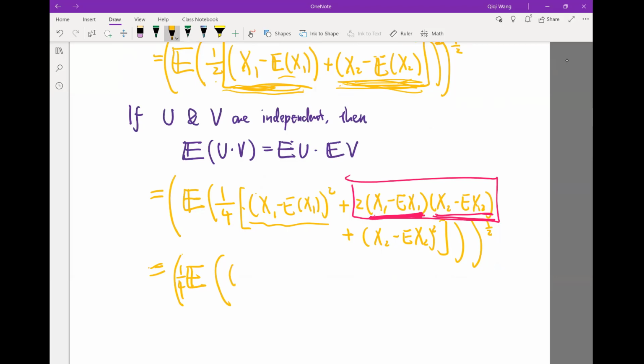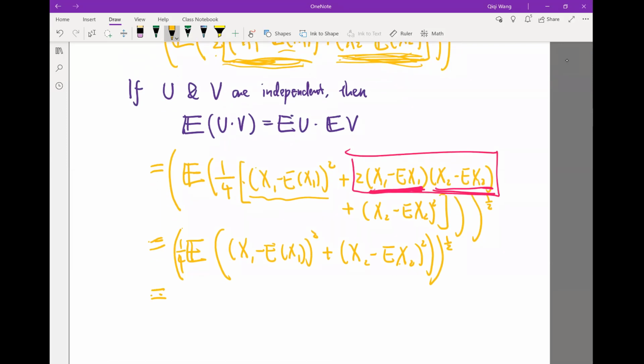And inside the expectation, I have (x1 minus E[x1]) squared, plus (x2 minus E[x2]) squared, okay, to the square root. And the expectation of the sum is equal to the sum of the expectations. So I have a fourth times really twice the expectation of (x minus E[x]) squared.